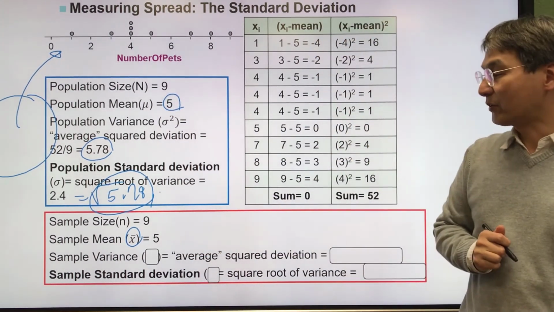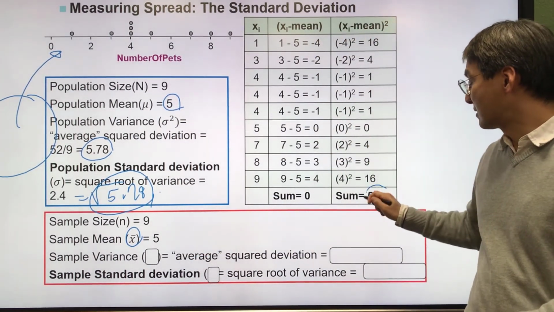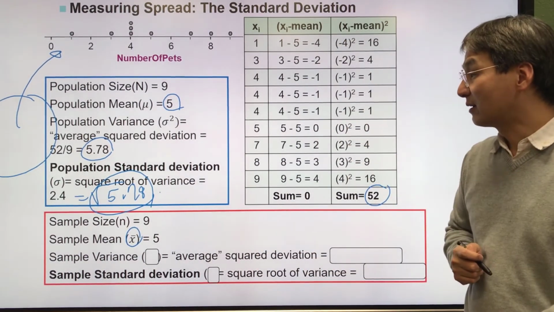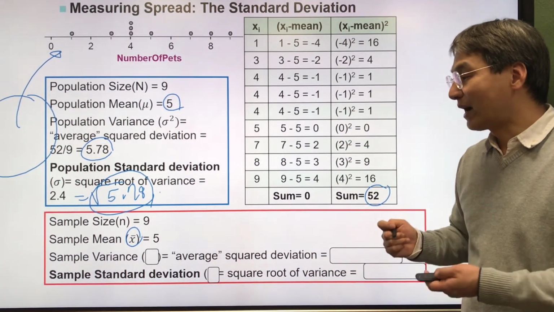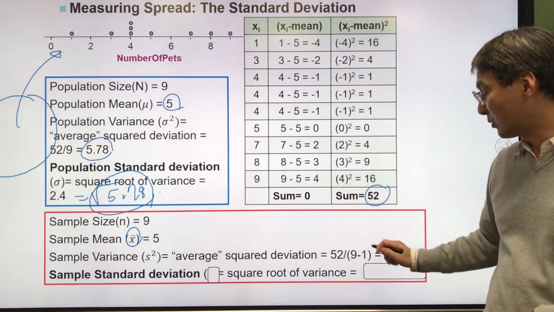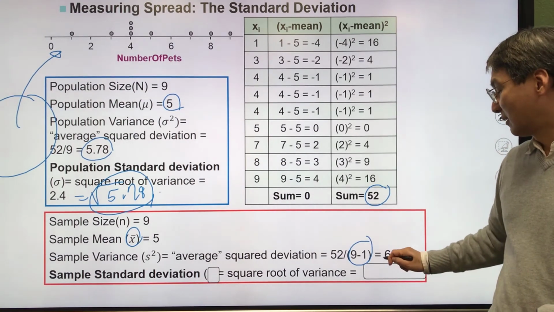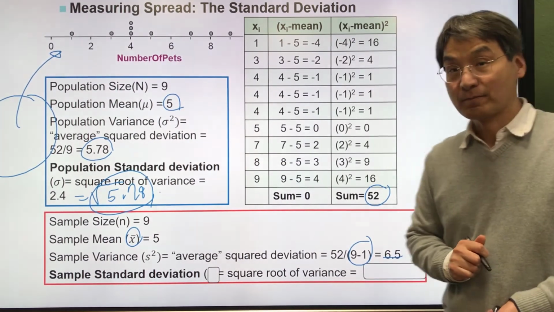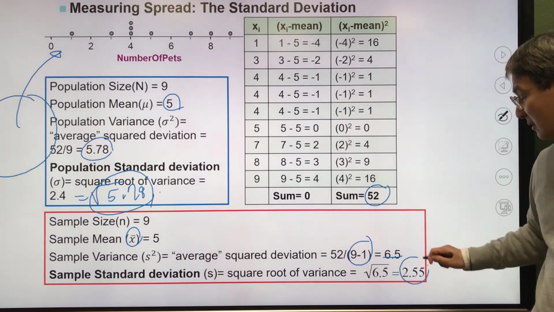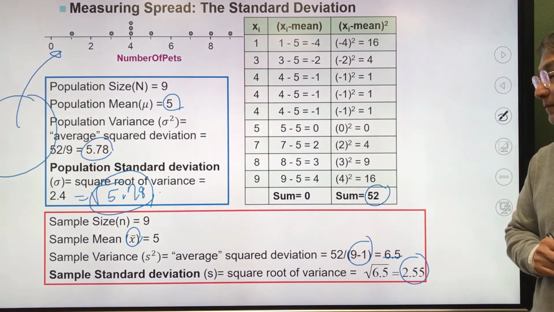Then the sample variance is different. This is the squared deviation, and we need to divide it by 9 minus 1, which is 8. So s squared, we divide it by 8, and we get this number. Then we take the square root, and this is the sample standard deviation.